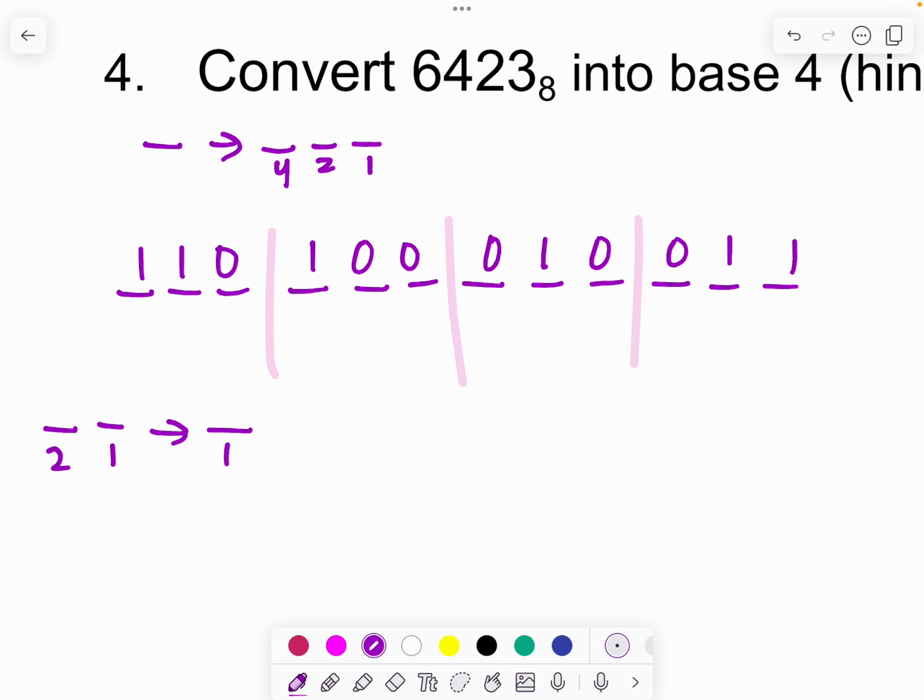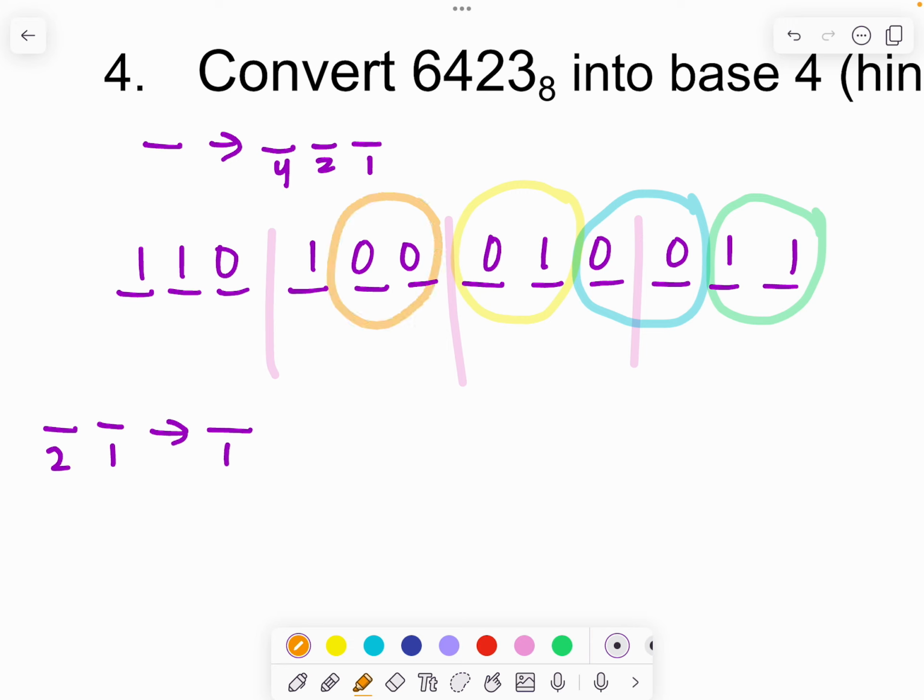So now what I'm going to do is circle these again, starting from the right in pairs. So there's one pair, there's another pair, and so forth. We just keep working our way down. And since I have 6 pairs, that means that my final answer will have 6 digits.